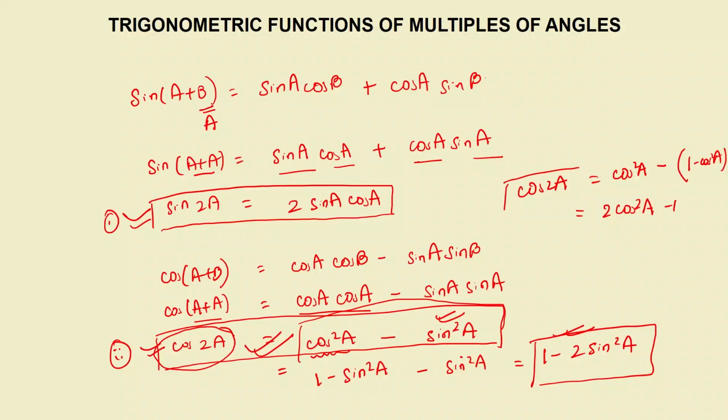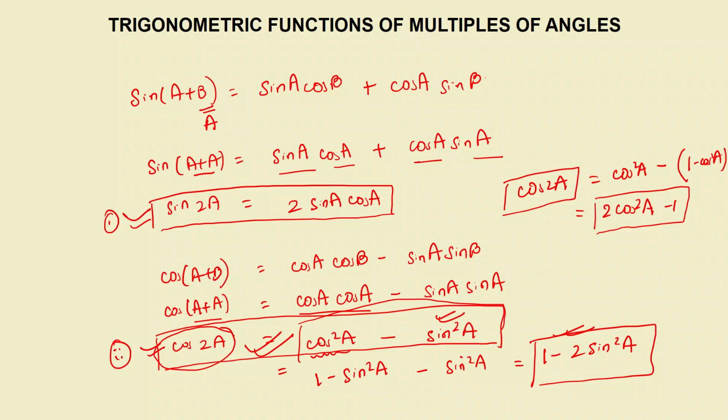So this is the third form. Alright, so cos 2a has three forms: cos squared a minus sine squared a, 1 minus 2 sine squared a, and 2 cos squared a minus 1. These are the three formulas for cos 2a. For sine 2a, it's just one.